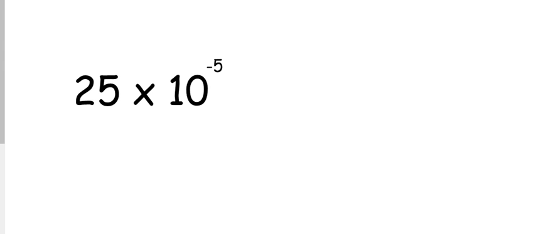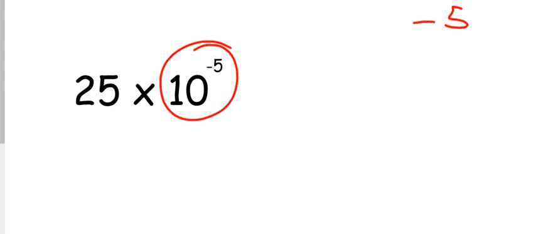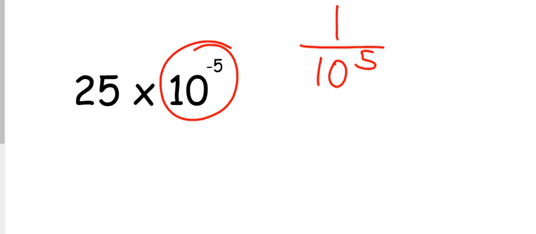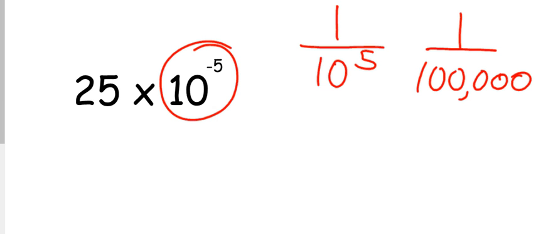As you looked at earlier this year, a negative exponent such as negative 5 is really talking about the inverse. Take this number here and make it an inverse. Put it over 1. And so really what we're looking at here, 10 to the negative 5th, is really talking about 1 over 10 to the 5th, or 1/100,000th. A decimal number, not a negative number.